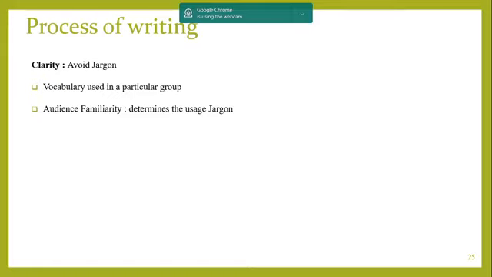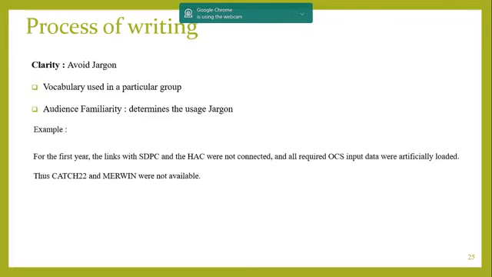Suppose you started using some jargon which is understood only by a particular group of people. Then your paper is not a valid one, because you should use jargon only when the audience has familiarity. I have given an example.